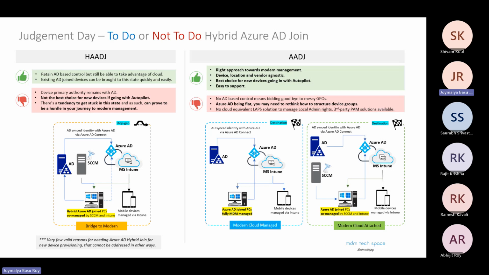But we are a company with over 110,000 Windows devices who completely ditched SCCM and Active Directory in one go and came to Azure AD joined, modern managed state, and have been successfully running that environment for the last few years. That is a testament that you don't need a legacy environment to run a company.